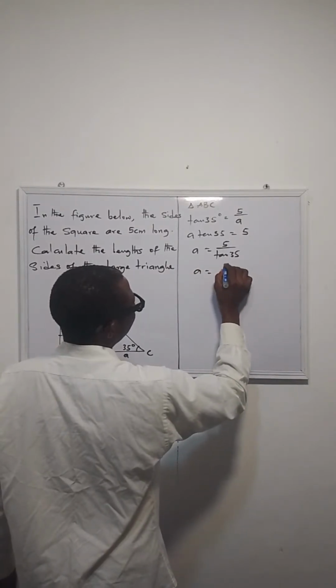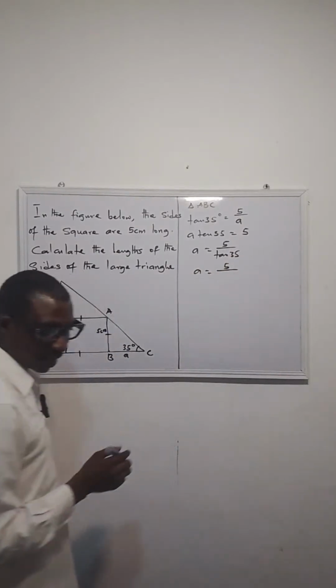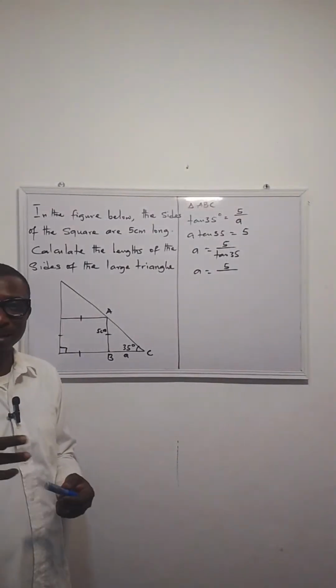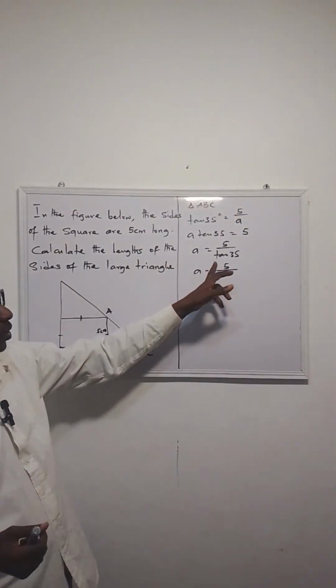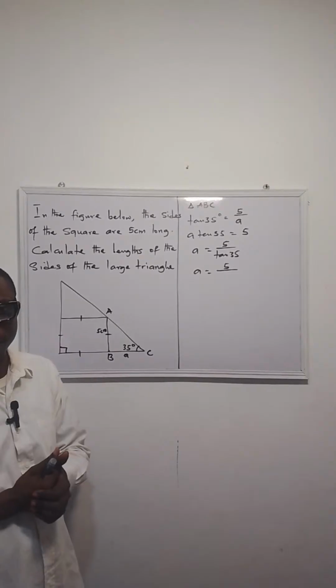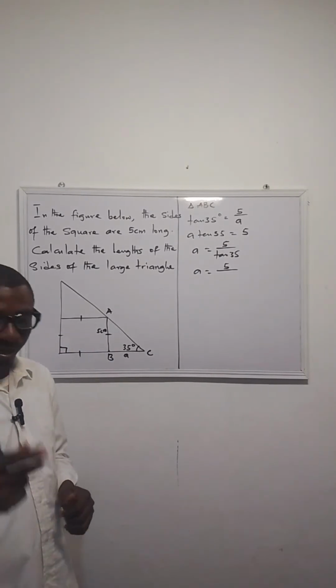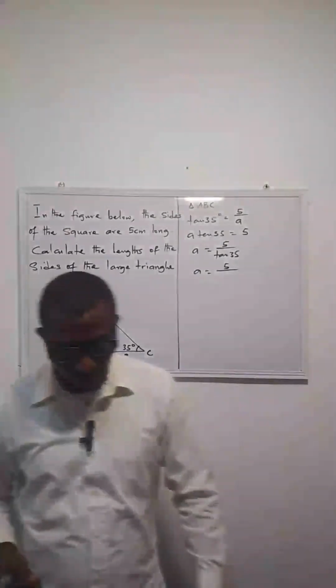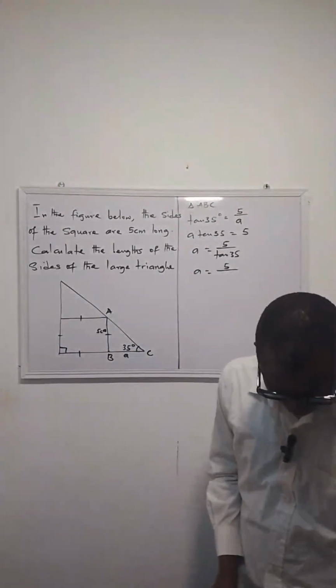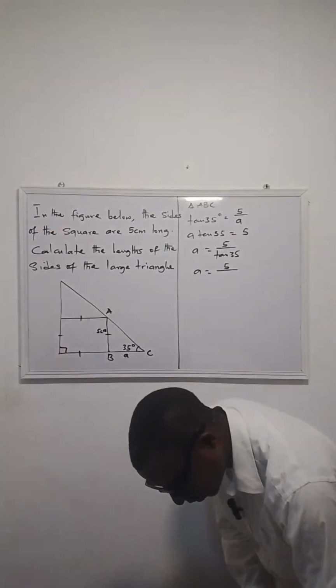So A equals 5 over... now, what is tan 35? Can you check that in your four-figure table and tell me what you have as tan 35? Or you make use of your calculator. Do that and drop the answer in the comment section. Before we commence, tan 35.